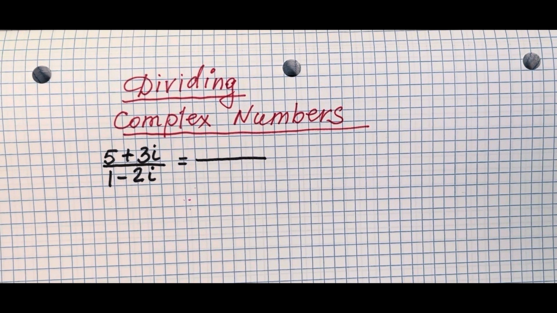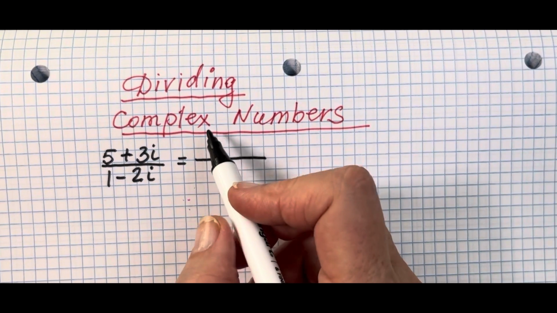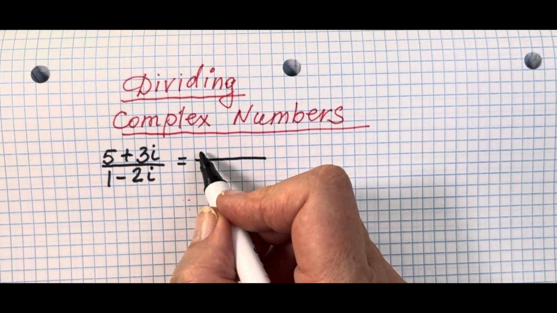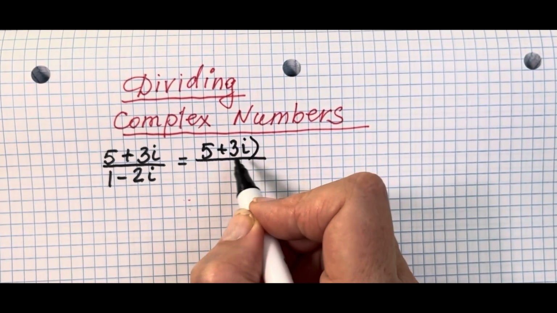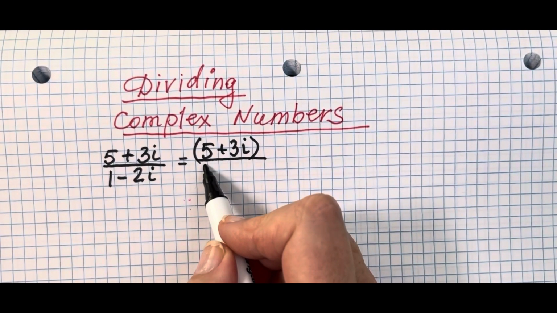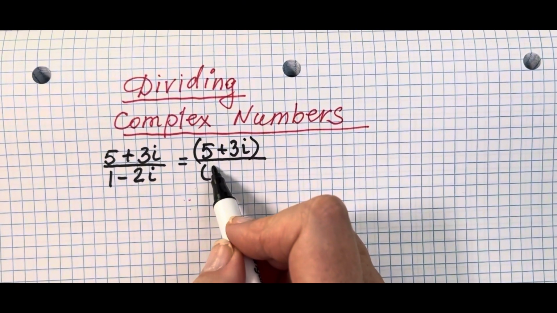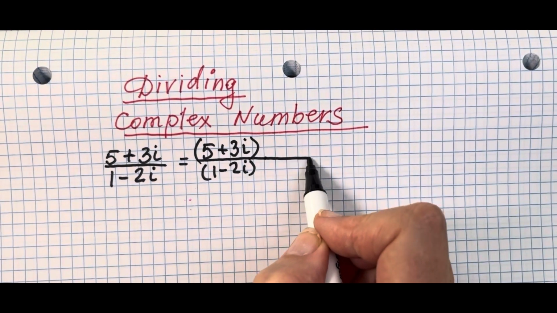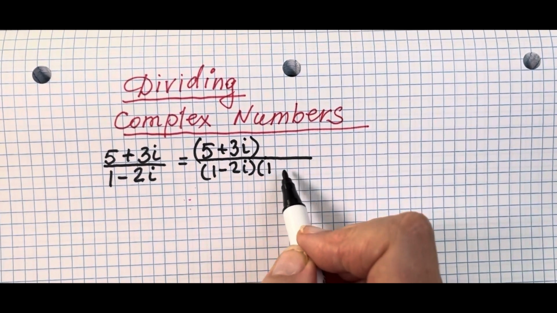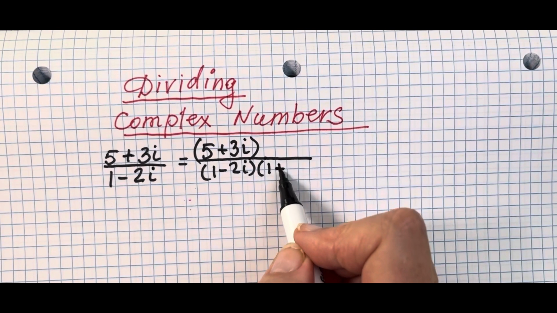We're going to multiply numerator and denominator by the complex conjugate of the denominator, or divisor. So the first is 5 plus 3i, and the divisor is 1 minus 2i. Remember, we're going to multiply by the conjugate, which in our case would be 1 plus 2i.